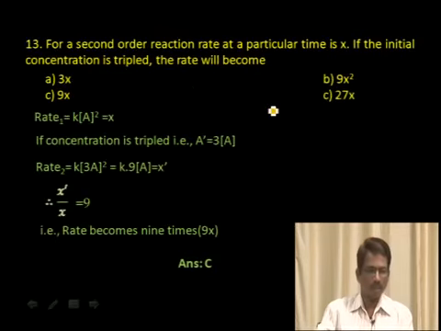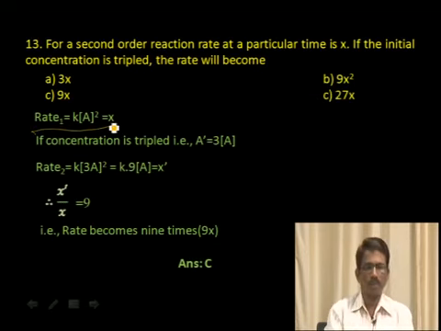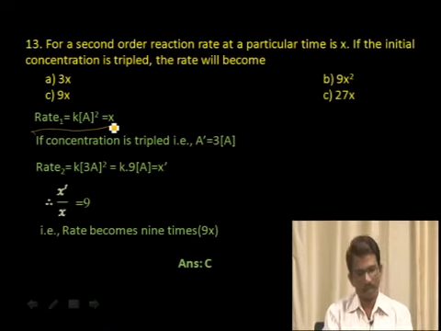And the question number 13, for a second order reaction, the rate at a particular time is x. If the initial concentration is tripled, the rate will become 3x, 9x square, 9x and then 27x. Since it is given as a second order reaction, the rate law equation becomes rate equals K[A] square, and that is equal to x.